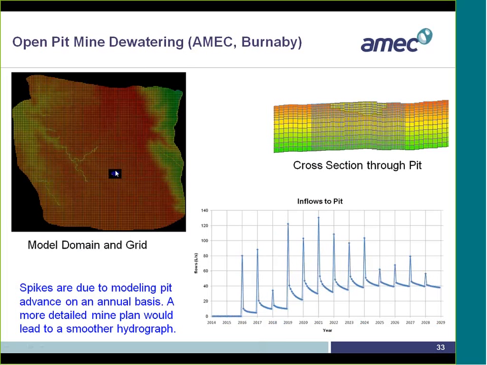So the impact of the mine on these river features could be evaluated, and even the mine pumping inflows could be evaluated. This is an example of the mine inflows, and they're spiky because the mine plan was advanced on a yearly basis.